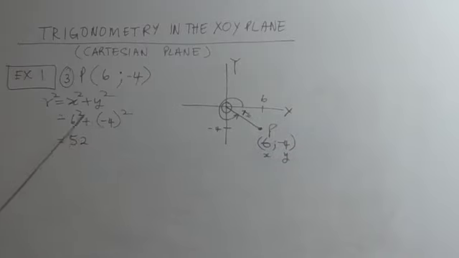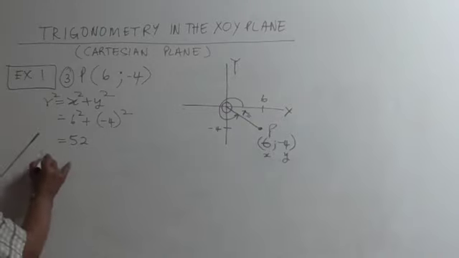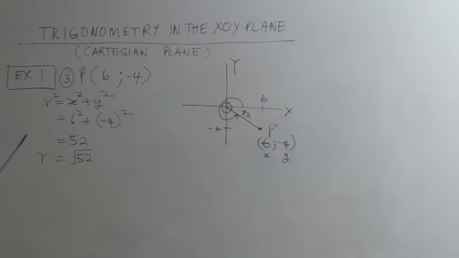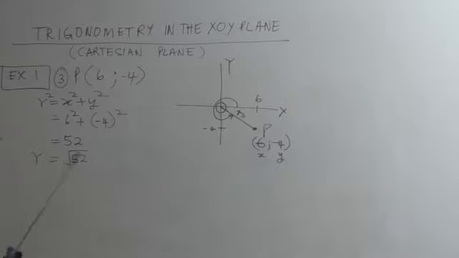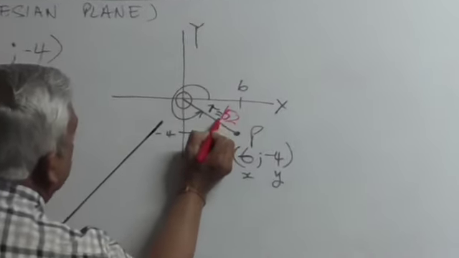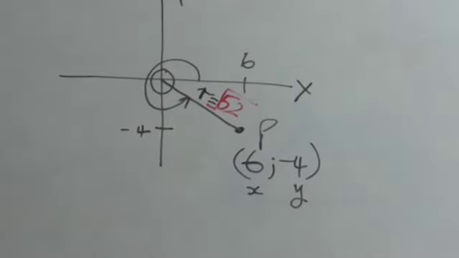Put it in your calculator, please. So r squared is 52, so r is equal to the square root of 52. Since it's not a perfect square, just leave it in surd form like that. Using different colors also helps you sometimes. So r is square root 52.